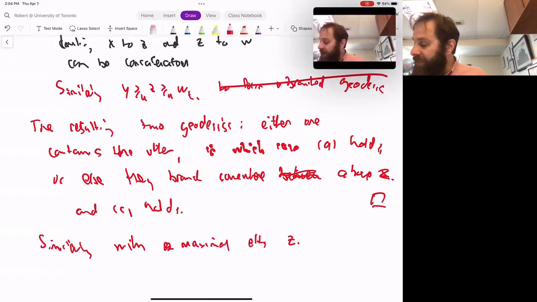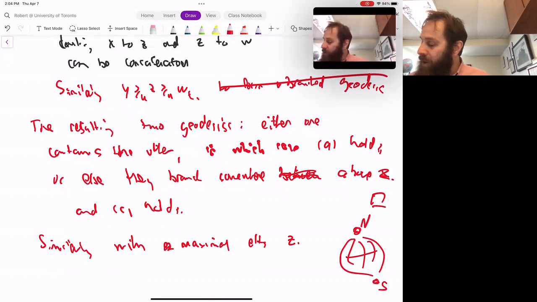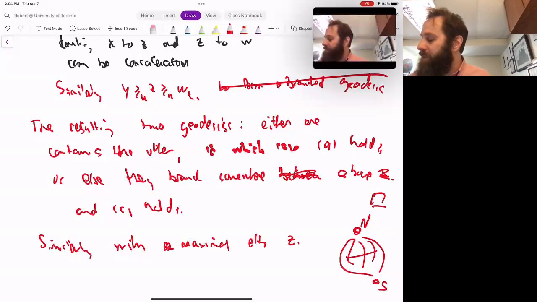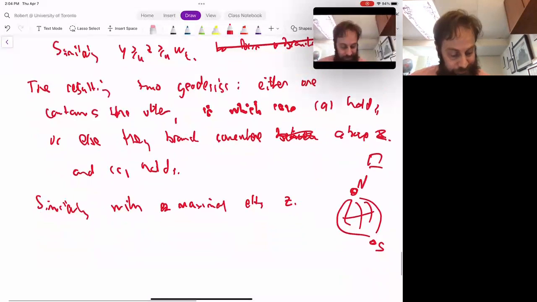And so what we saw in the sphere example was a maximizing element at the South Pole and a minimizing element at the North Pole, and then there were all these different equivalence classes, all of which ended at the two maximizing and minimizing elements.